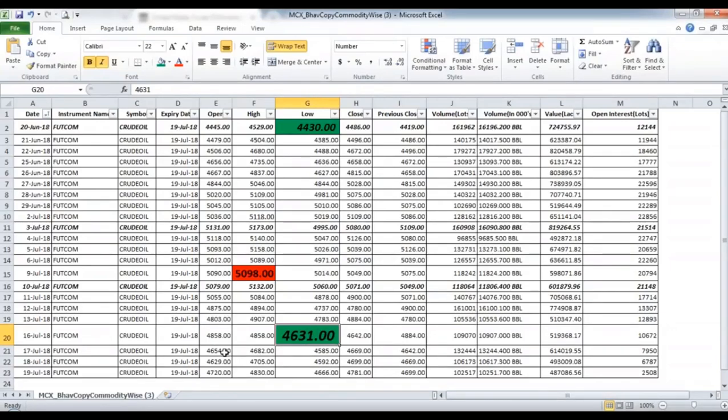it opened at around 4654. Now see, it is opening above this level, right? On this day, the price is above. Did it go below 4631?